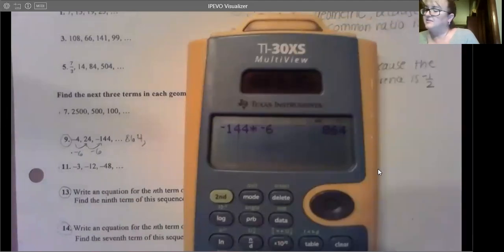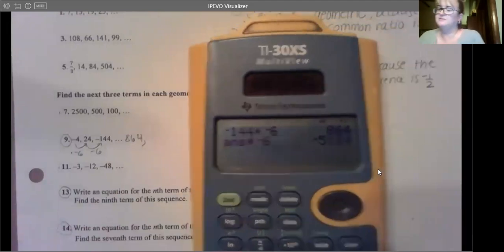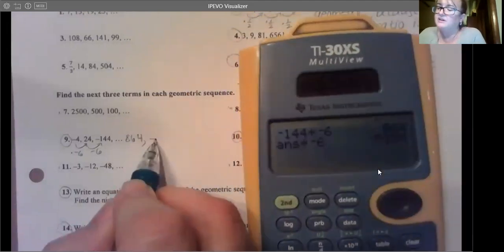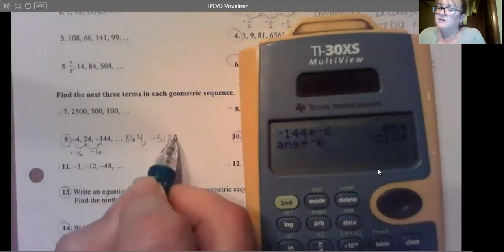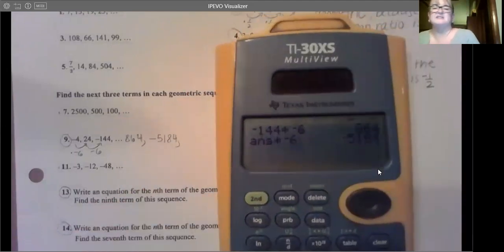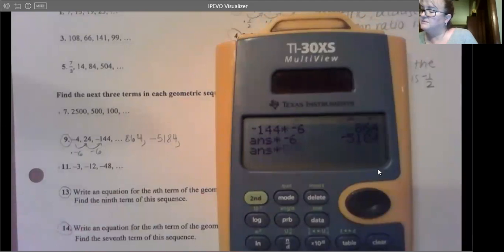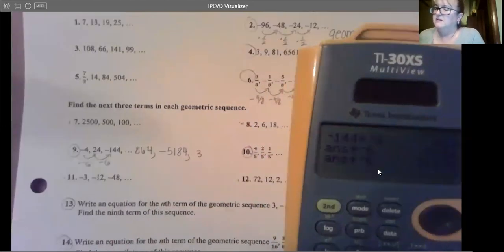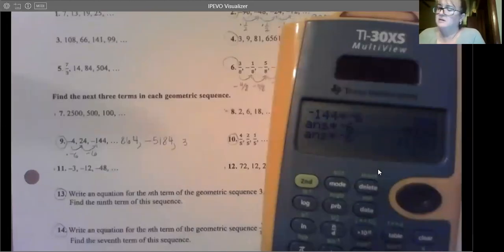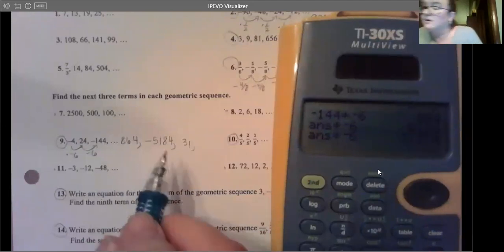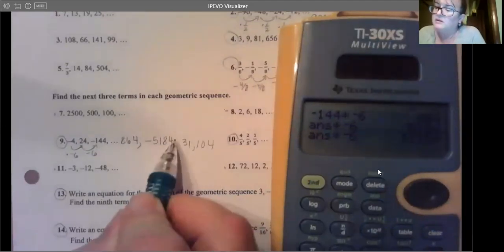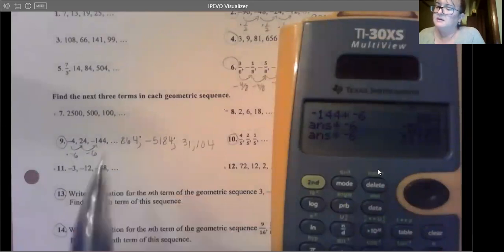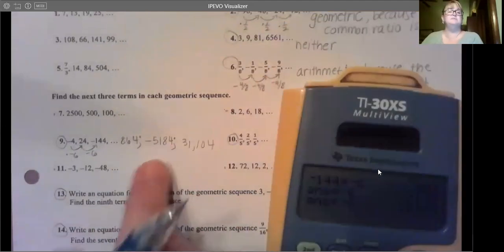And then 864 times -6 is -5,184. -5,184 times -6 is positive 31,104. All right, so there's our next three terms.